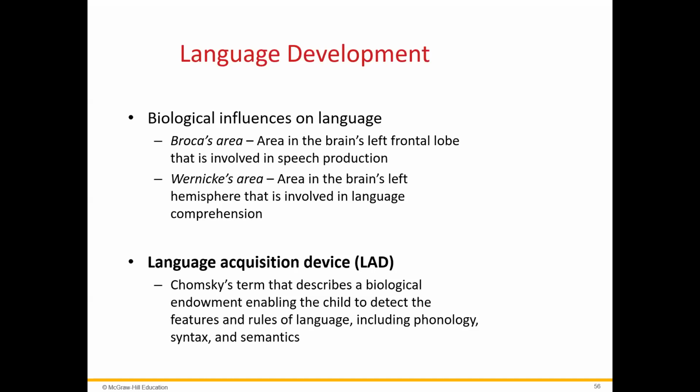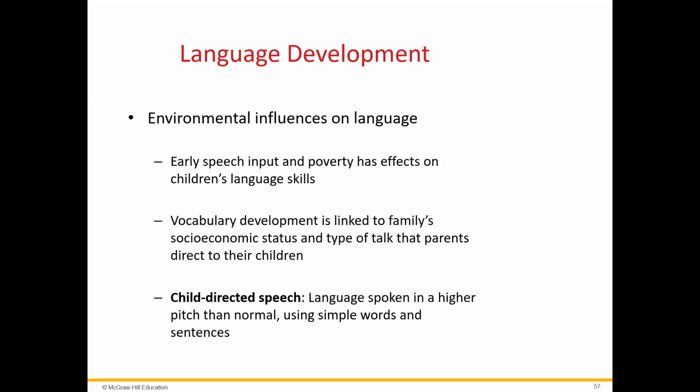It's already pre-programmed to learn language. Pre-wired was the term that he used, that we're born that way. So that's the biological idea, that it's in the brain. You learn language because your brain is ready to learn language, and you have specialized areas.